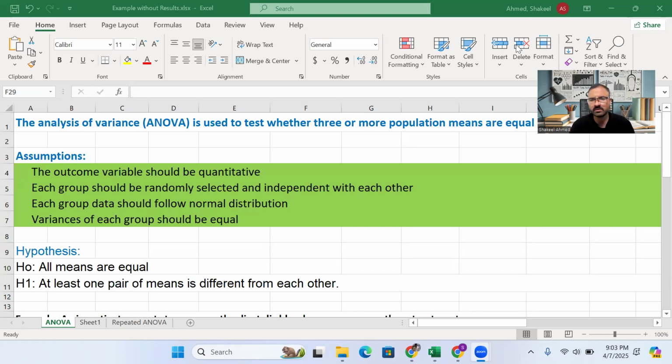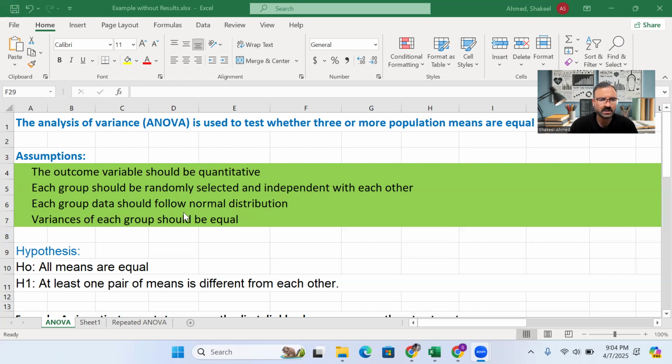When we have two population means, we use a simple unpaired t-test when the two samples are independent, drawn from two independent populations. But one-way ANOVA is an extension of the unpaired t-test when we have three or more subpopulations or groups.